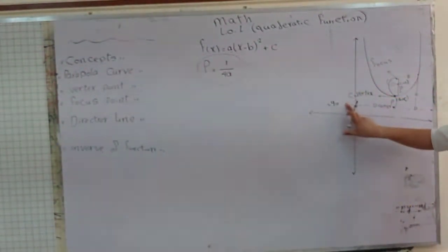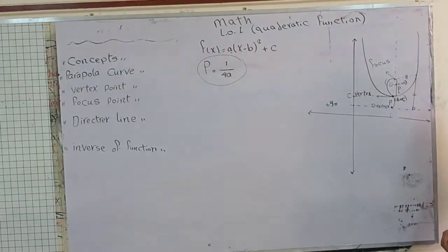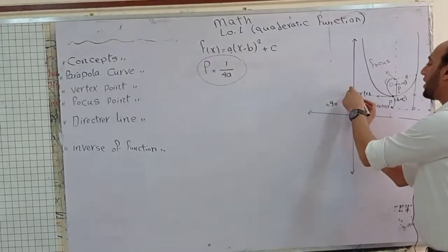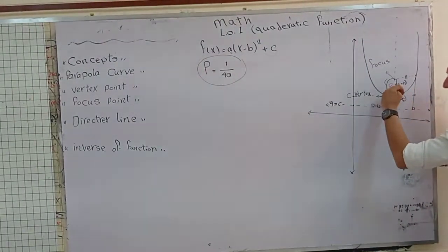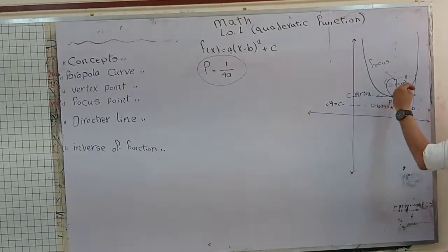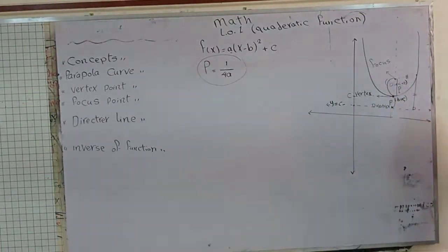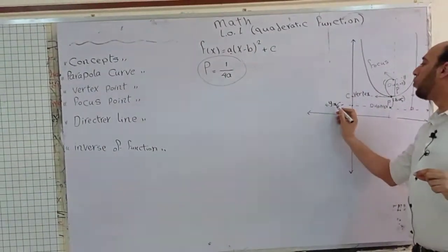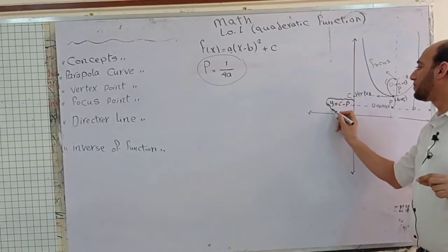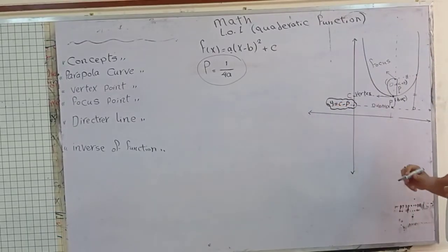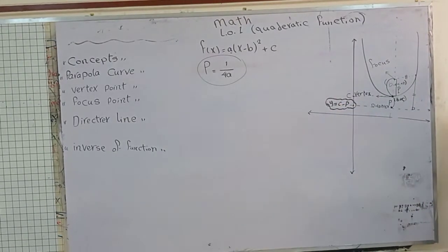Then the equation of the directrix line will be y equal C minus this distance, because this point is lower than this point by a distance equal B. Then y will be equal C minus B. And this is the equation for the directrix line.